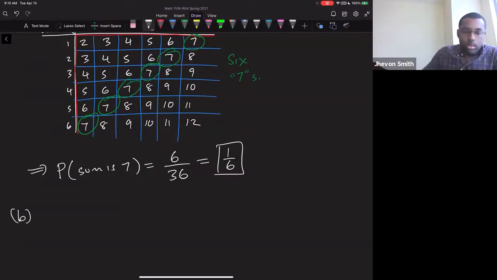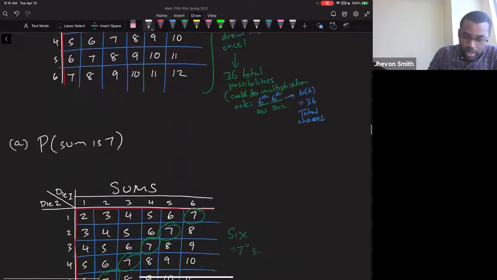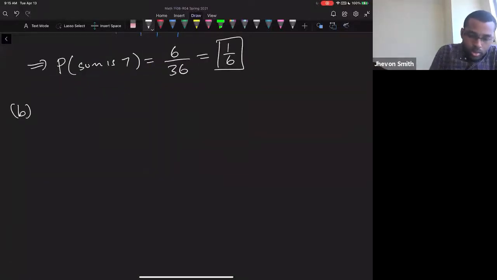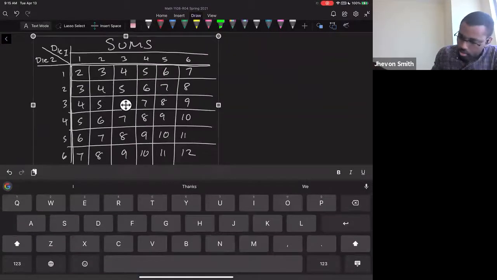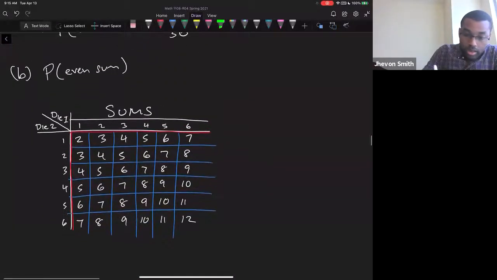B. Find the probability you roll an even sum. So probability of even sum. So now you just count off all the even numbers.